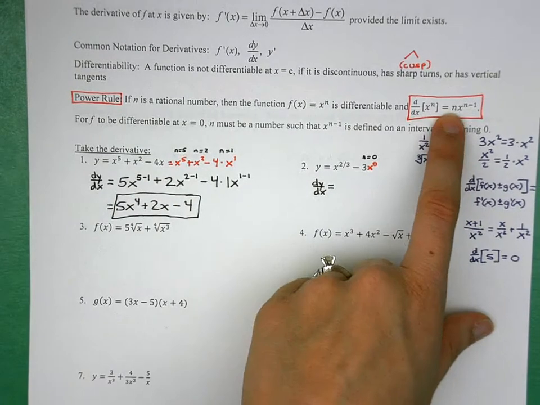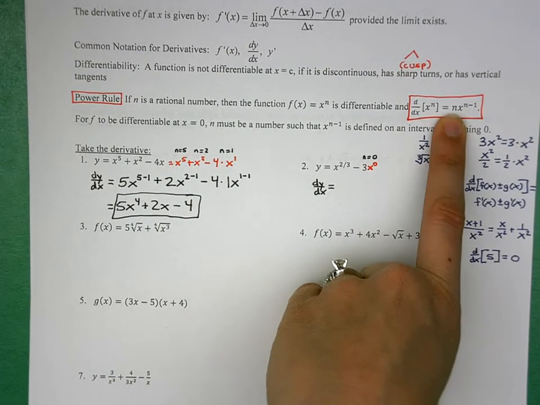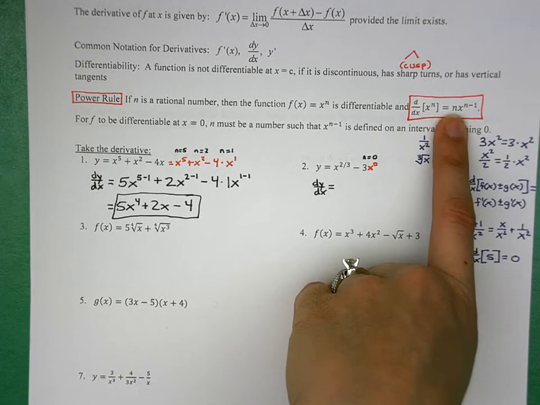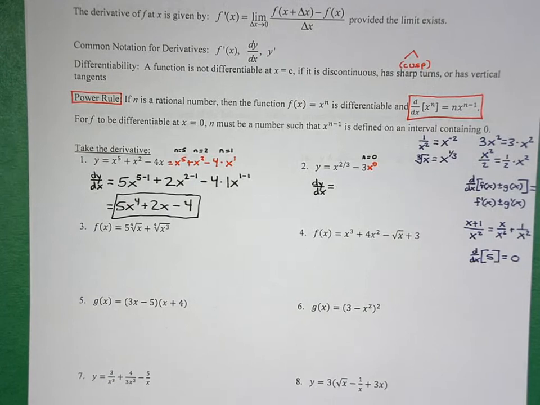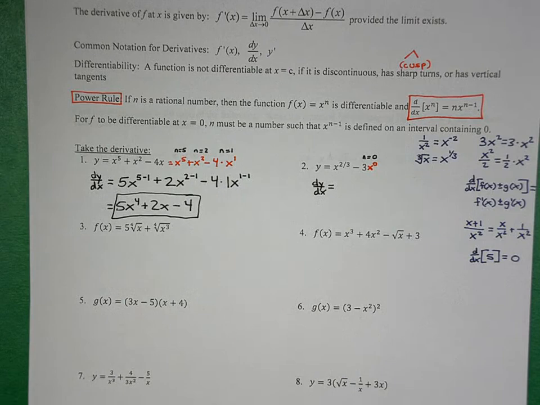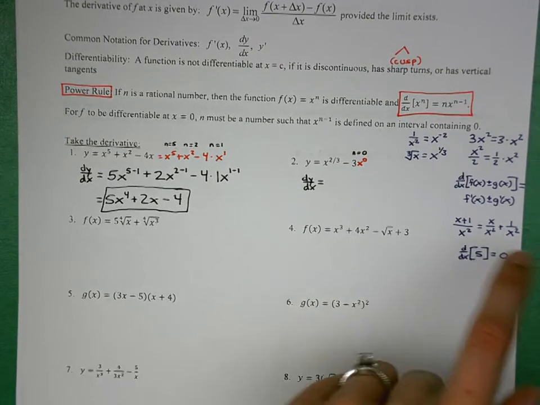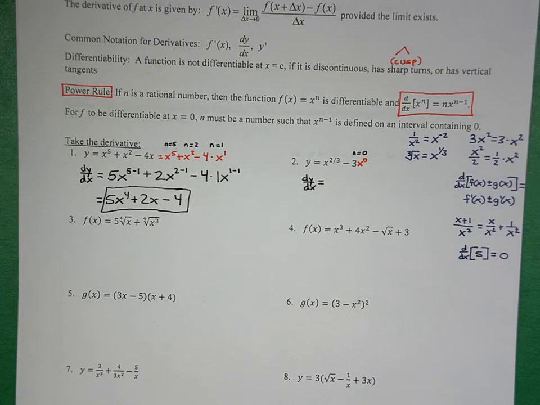Well, imagine bringing that 0 down in front. What are you now doing when you bring that 0 down in front? Well, you're multiplying by a 0, right? What is anything times 0? 0, right? So that 3 would be going away simply because, besides the fact that it's a horizontal line and the slope of a horizontal line is 0, that 3 would be going away because when I bring down the n in applying power rule, I end up multiplying by 0, and so that 3 is going to go away anyway.